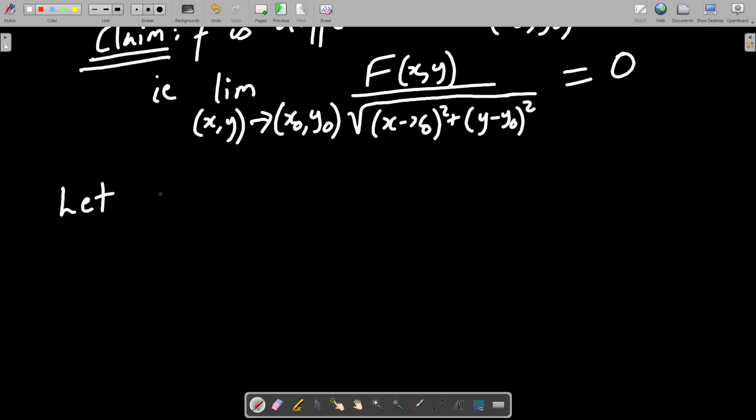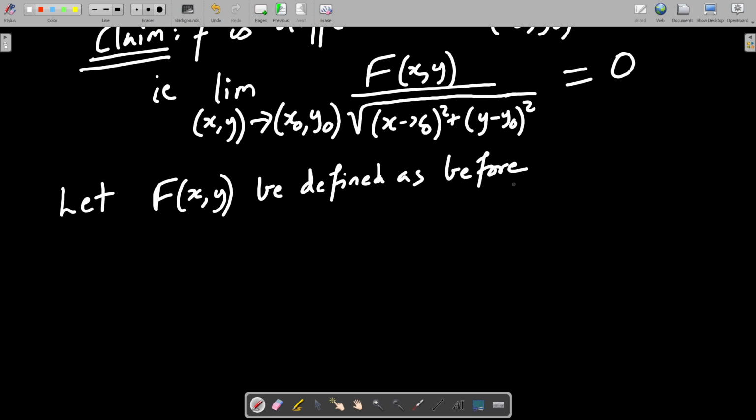So let φ(x,y) be defined as before. What was that anyways? Even I forgot. So let me write down again. It's φ(x,y) is equal to, we refer to the book.